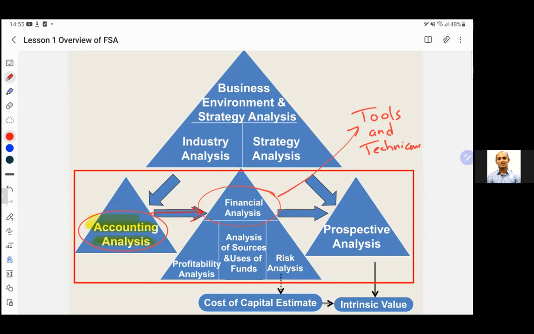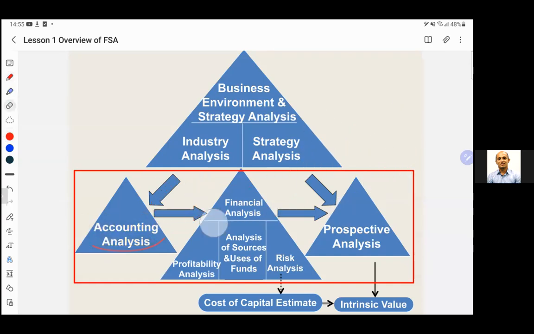Now you see that knowledge is important. You see the arrow here? That knowledge about the business environment is important even to accounting analysts. Now you see the process again.